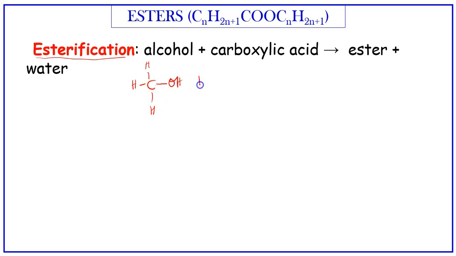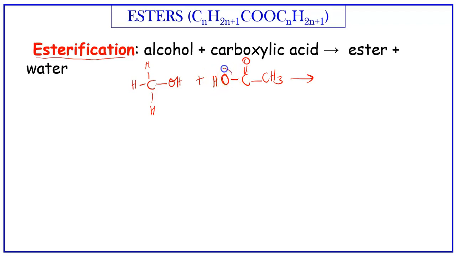I want to draw the structure so that it will be easy for you. Let me use ethanoic acid. So this is ethanoic acid. Now, how can this give you ester?